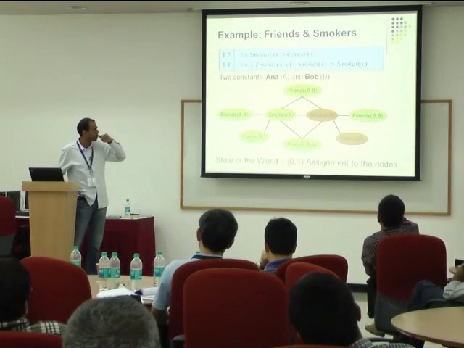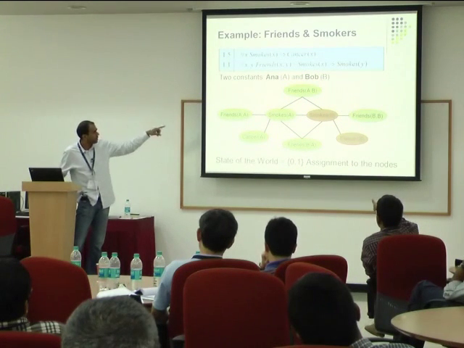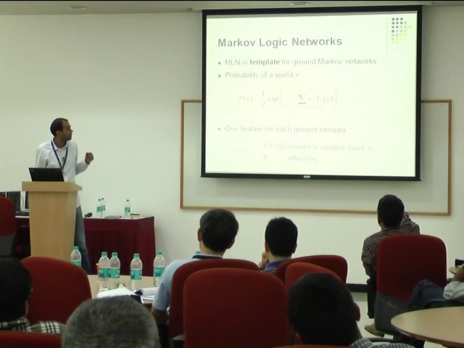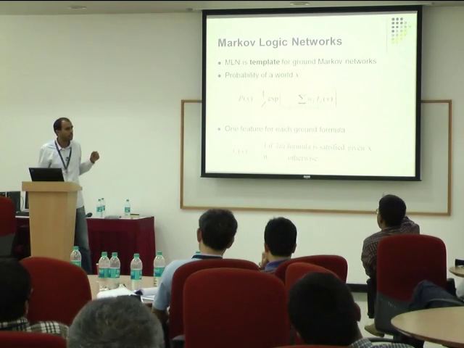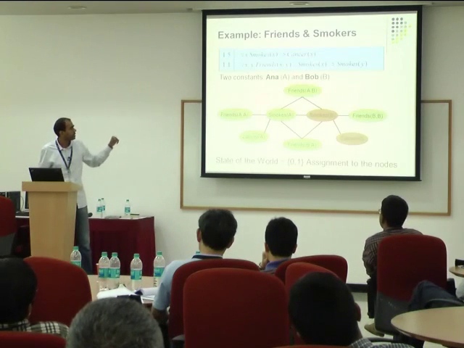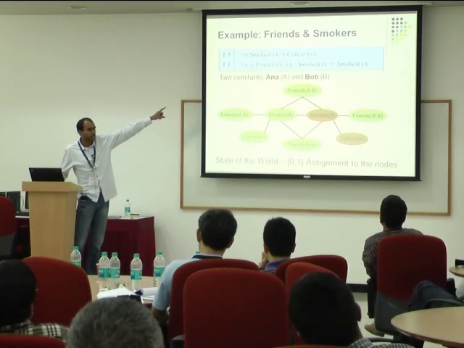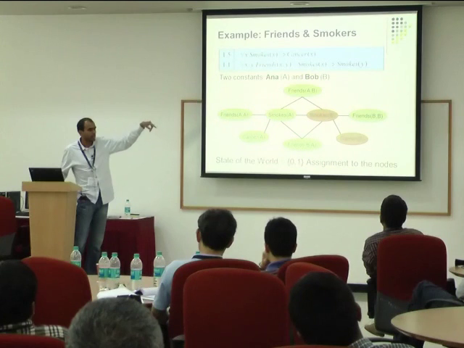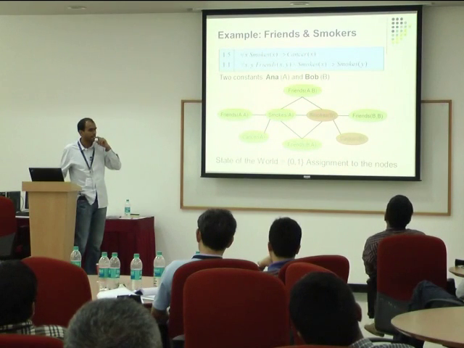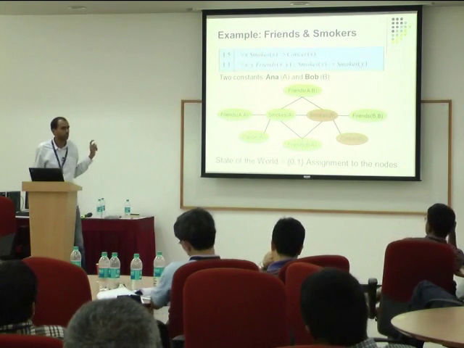So that's a clique, right? Yes, okay, sure. If you go to the formula on the next page, where you say K belongs to ground formulas, there is a ground formula, right? You substitute X for A and Y for B, so you get the corresponding ground formula. Oh, okay. So there is a one-to-one correspondence between those.